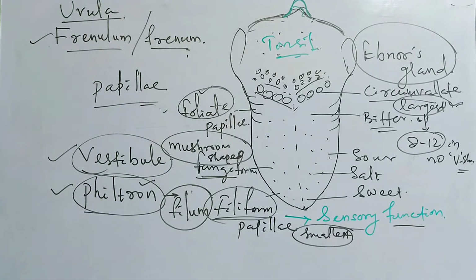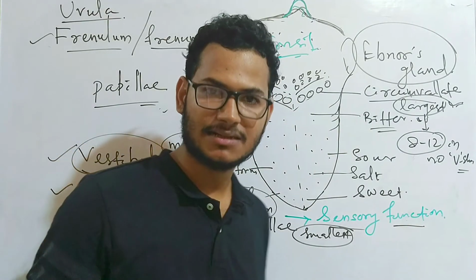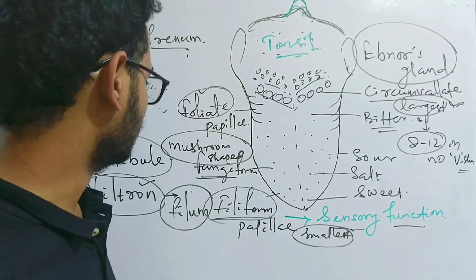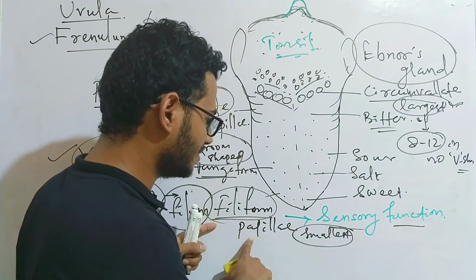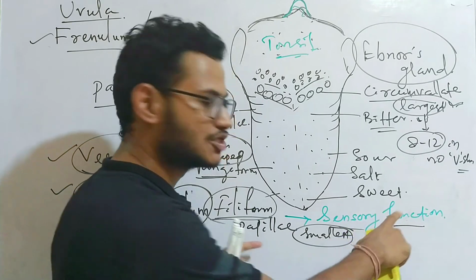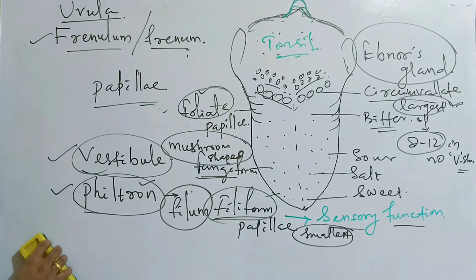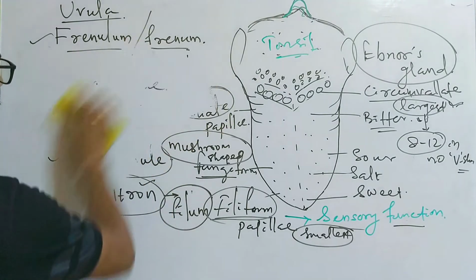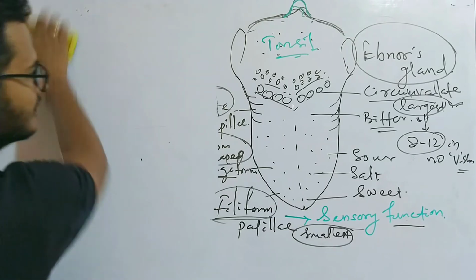Next, we will discuss the function in detail, the function of the tongue. One thing to remember here, the filiform papillae are related with sensory function, or they are tactile in function. Clear? So now we will discuss the different functions of the tongue.